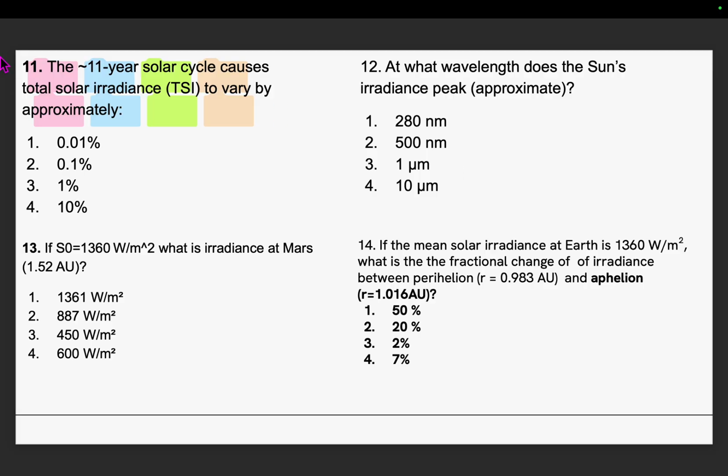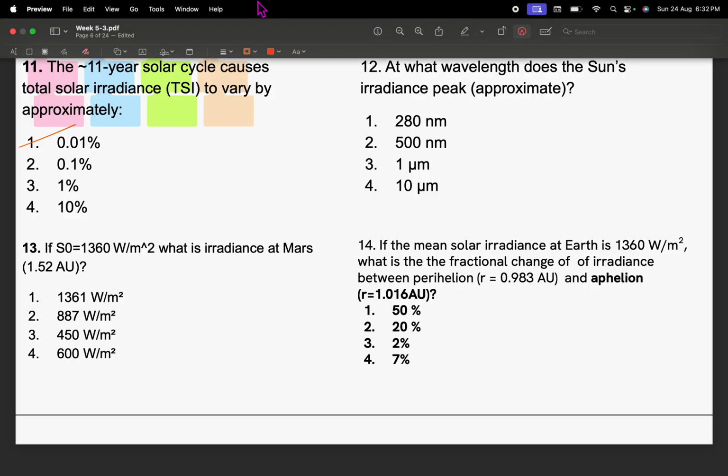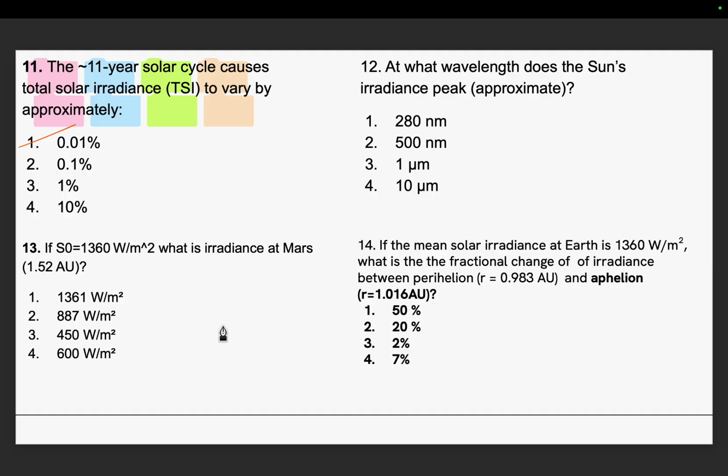It has been observed that the 11-year solar cycle causes very small variation in the S0 value, or the flux value at Earth. The variation is less than 0.1%. It is found to be 0.01% variation.